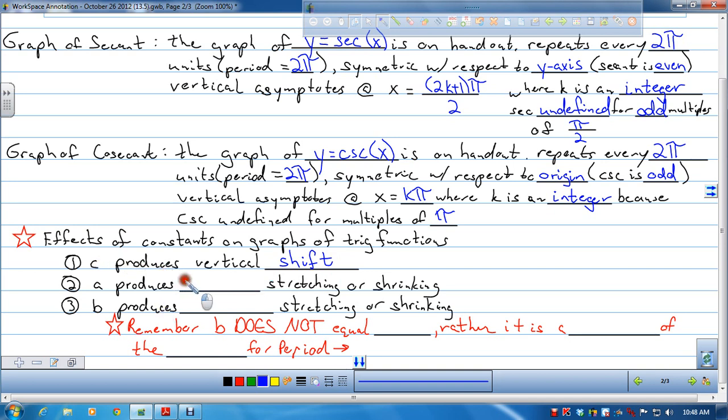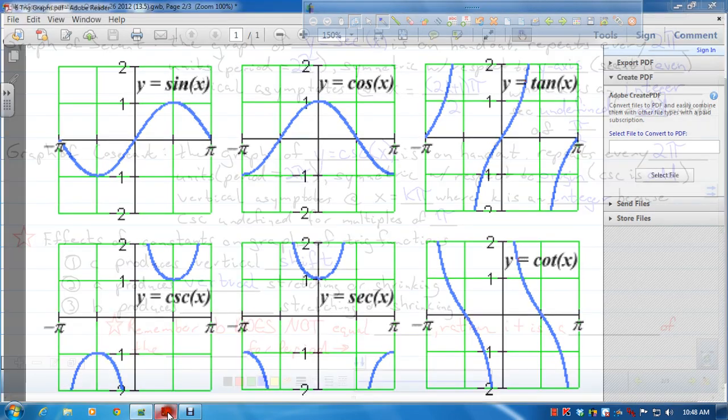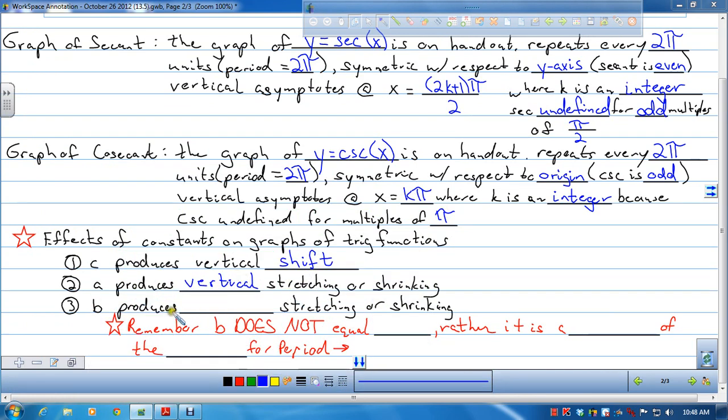A produced a vertical stretching or shrinking, and what that will do is take this local minimum or this local maximum and move it up or down according to what the a value is in the equation.